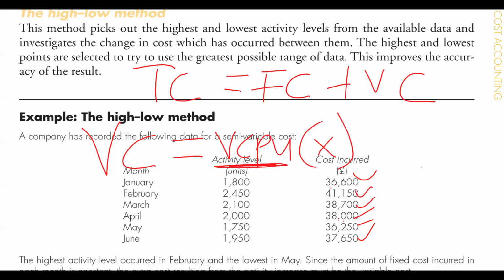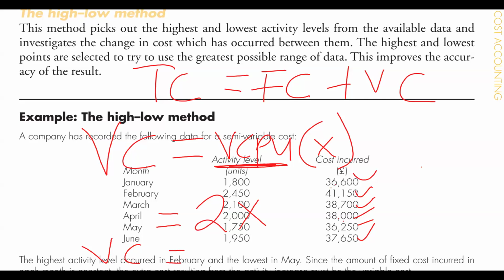The variable cost per unit is usually fixed, it's some fixed component. So you multiply the variable cost per unit by the level of output, and that gives you the variable costs. So the variable cost is the product of the variable cost per unit and the level of output. Is that clear now?